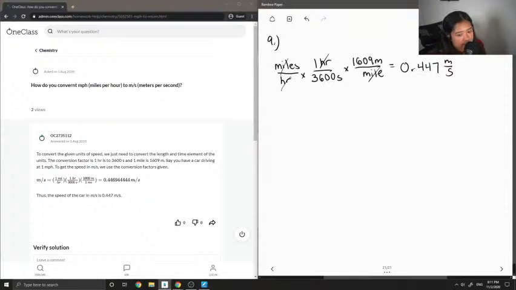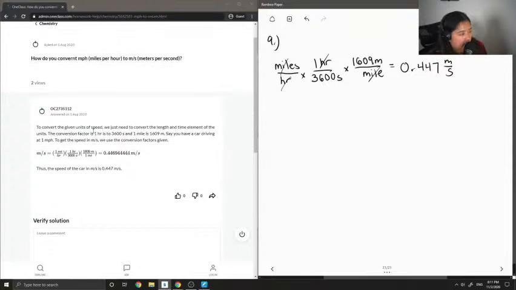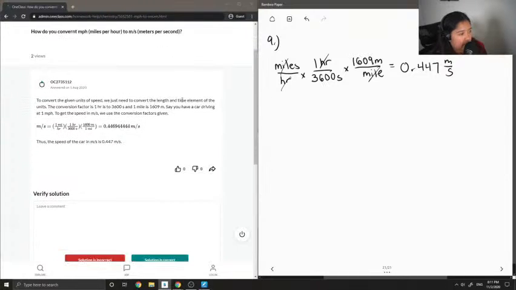So let's see the answer from our junior tutor. To convert the given units of speed, we just need to convert the length and time element of the units. The conversion factor is 1 hour to 3,600 seconds and 1 mile is 1,609 meters. Say you have a car driving at 1 mile per hour.